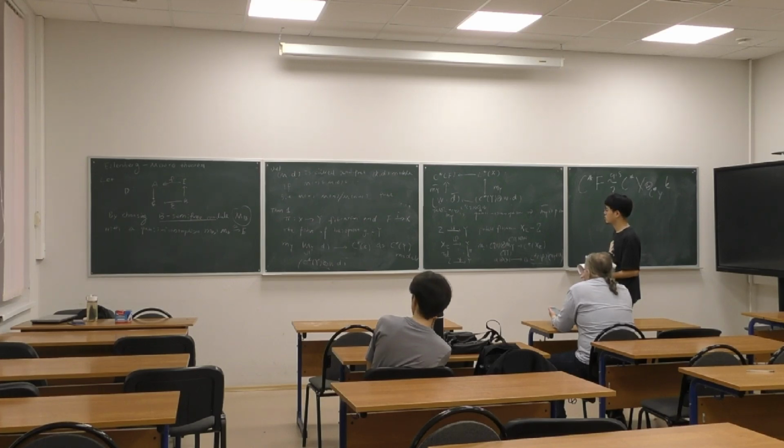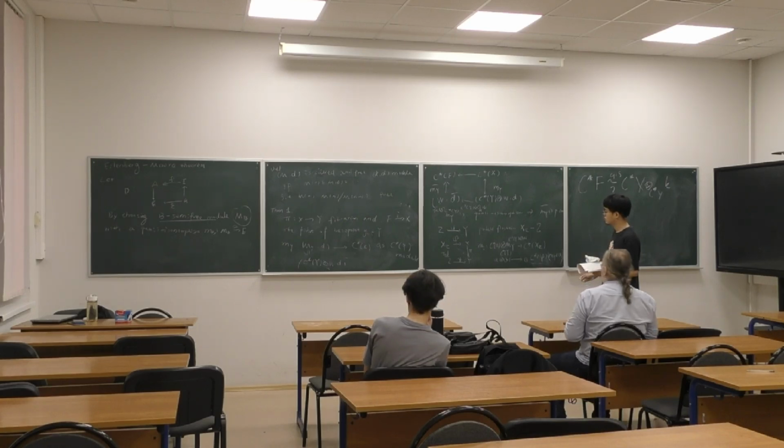Tensor W. So essentially we have C upper star of Z, tensor W, and tensor over K. Very well. What is W?